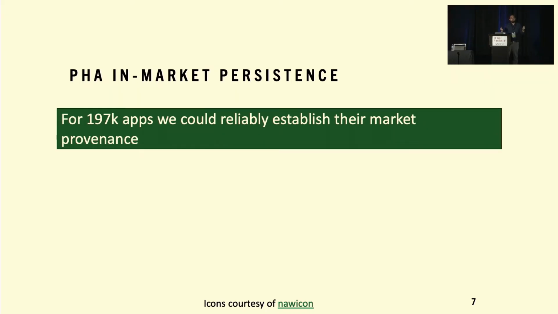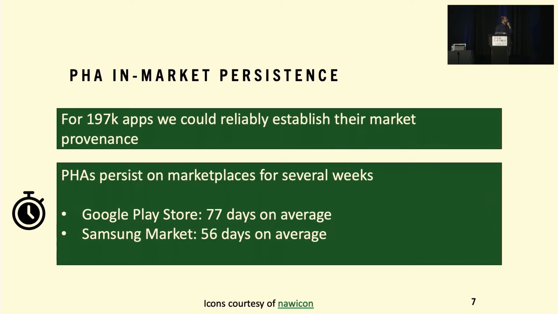And so if we see 2 detections after a certain amount of time for the same malicious app coming from the same marketplace, we can use that as a lower bound for how long was the PHA alive on that marketplace. And so we find that actually PHAs persist on marketplaces for several weeks. So for example, for Google Play Store, they stay on for 77 days on average, and for Samsung Market, they stay on for 56 days on average.